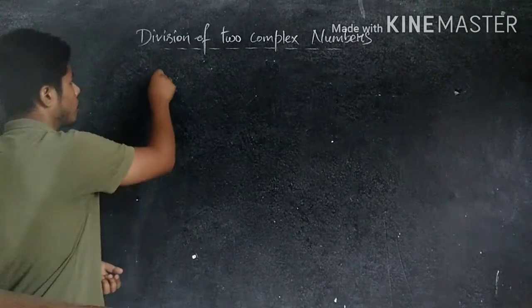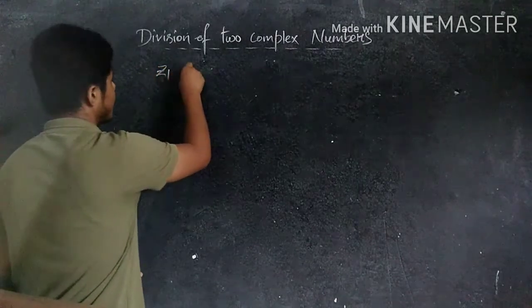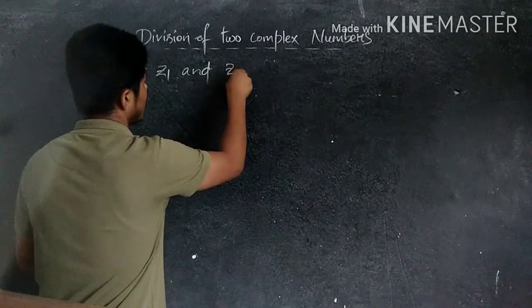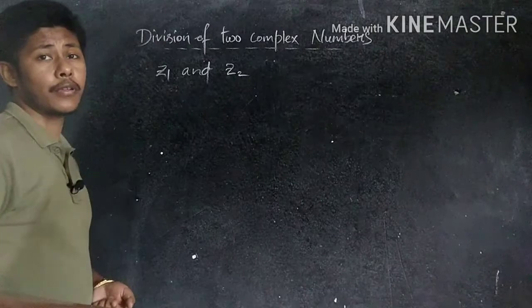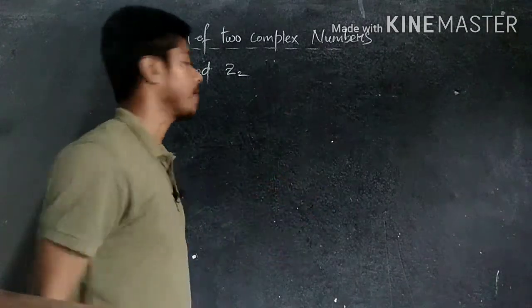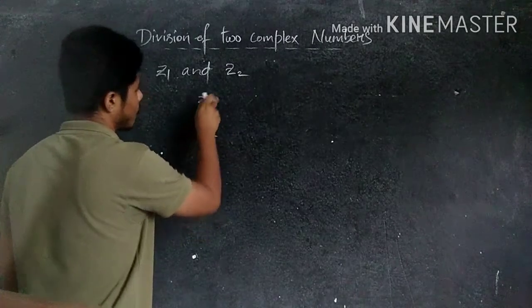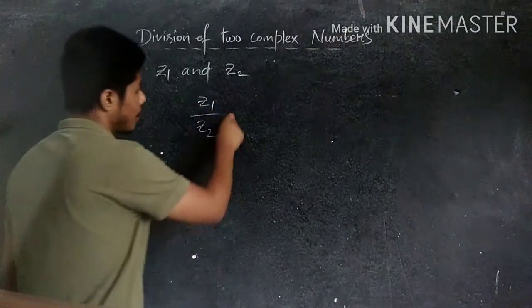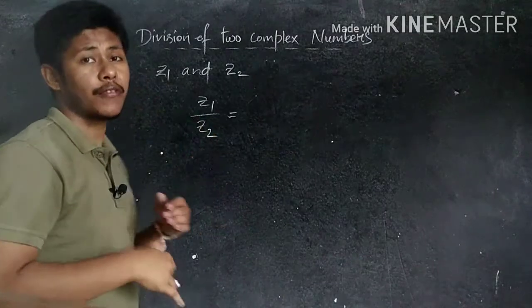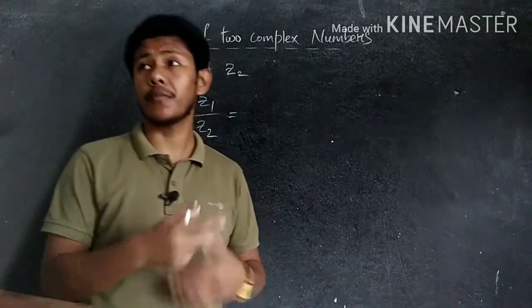In this case, suppose we consider two complex numbers, z1 and z2, and we have to divide them. So in case of division, we write z1 divided by z2.